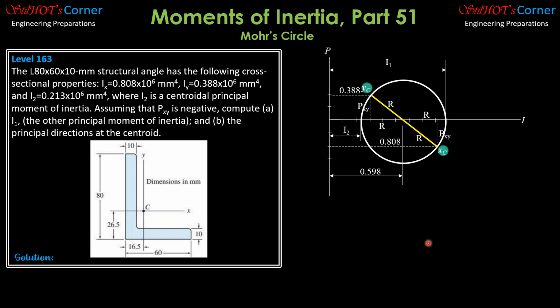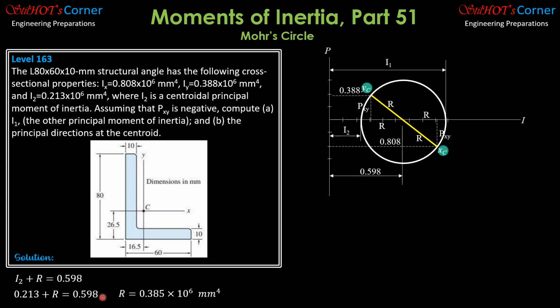So I sub 2 plus R equals I sub C, which is 0.598 from the figure. So I sub 2 plus the radius equals the coordinate at the center, which is 0.598. So solving for R, where I2 is 0.213 times 10 to the 6, plus R equals 0.598.